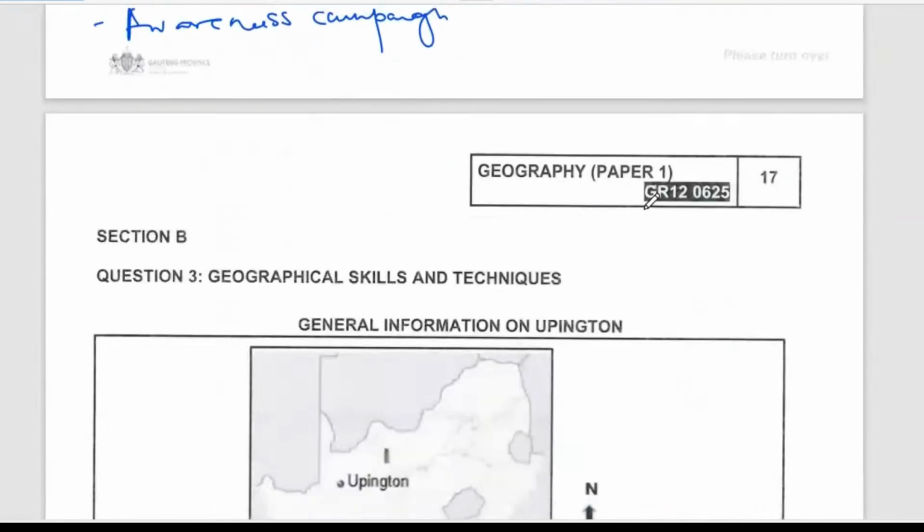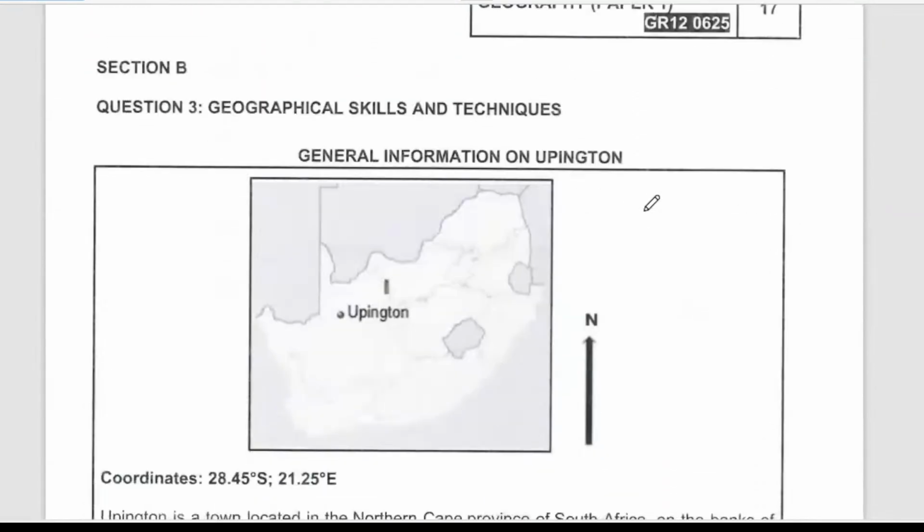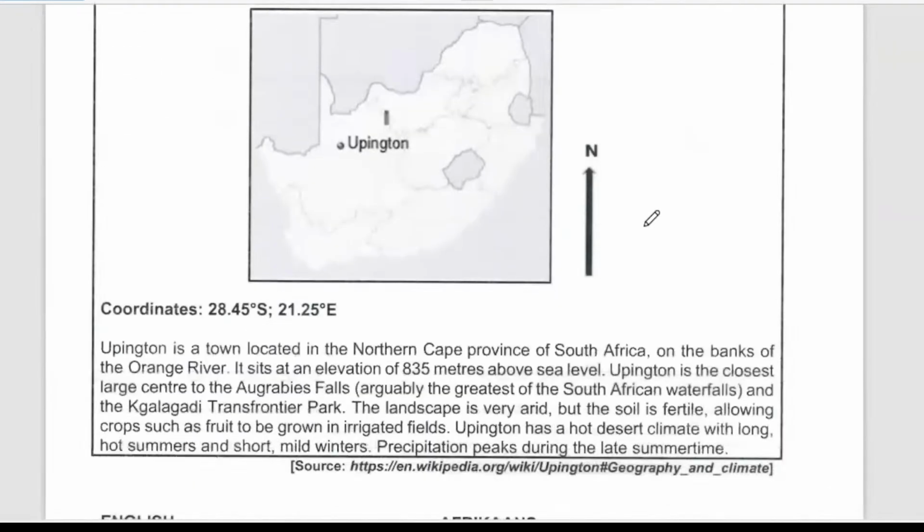Right, we finally move on to our last section of the paper, which is the geographical skills and techniques, which is our Mapwork section. Upington is a town located in the Northern Cape province of South Africa on the banks of the Orange River. It sits at an elevation of 835 meters above sea level. Upington is the closest large center for the Augrabies Falls, arguably the greatest of South African waterfalls.